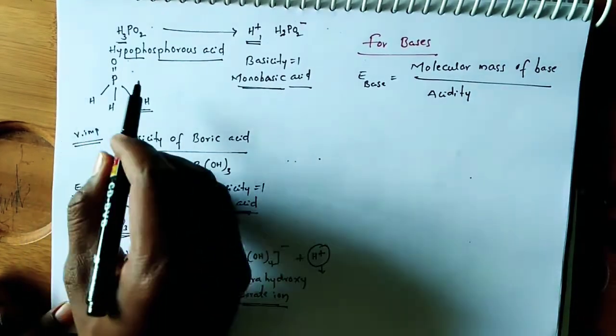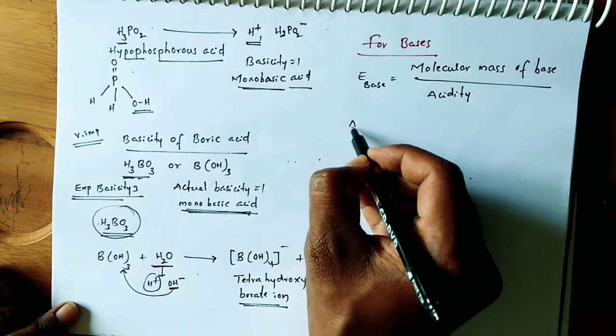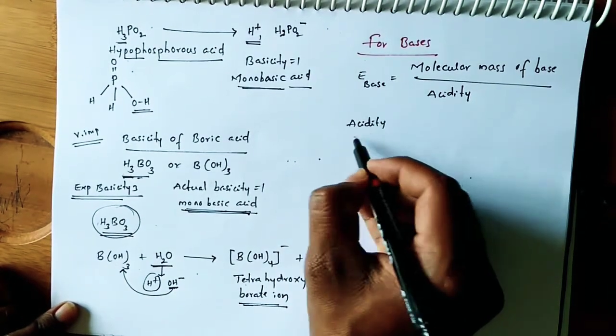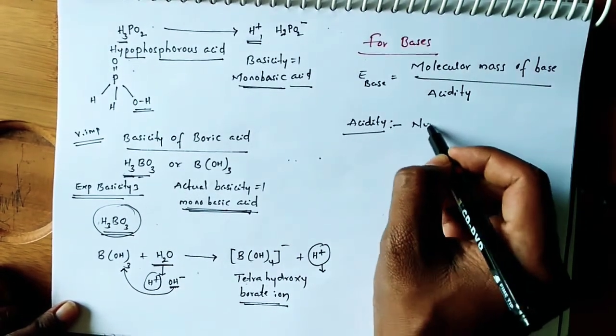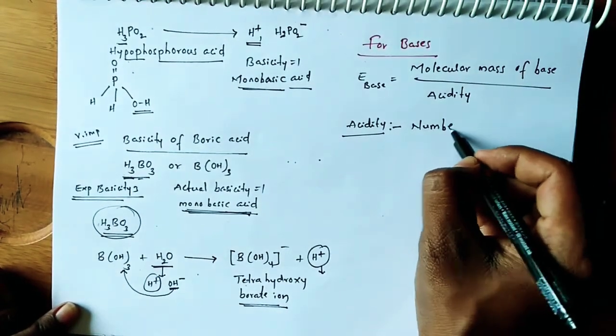Don't confuse here: for acids it is basicity, for bases it is acidity. Then what is acidity? Acidity means the number of replaceable or furnishable OH minus ions.